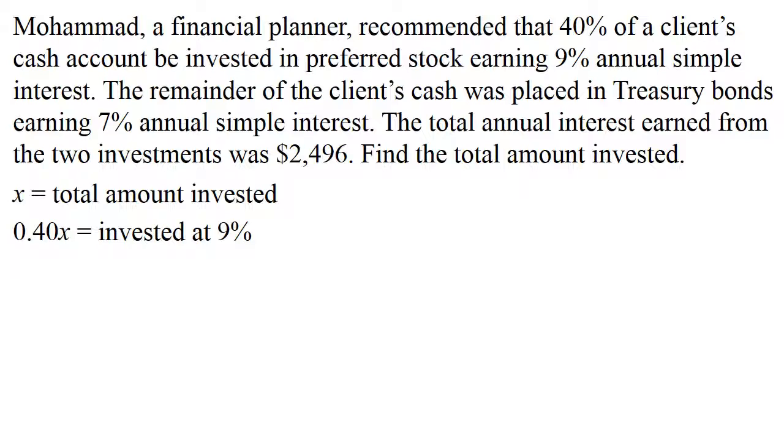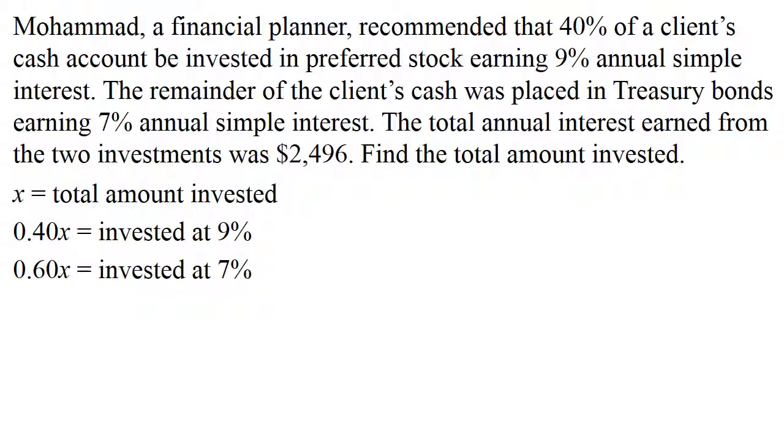How much money did we put into the 7% account? Well, we were supposed to put the remainder of it. We've already used up 40%, so the remainder must be 60%. So this has percentages and percentages. These are the portions of the amount invested, and then there's the interest rates.